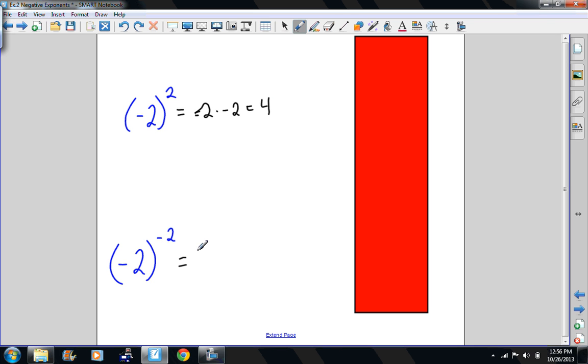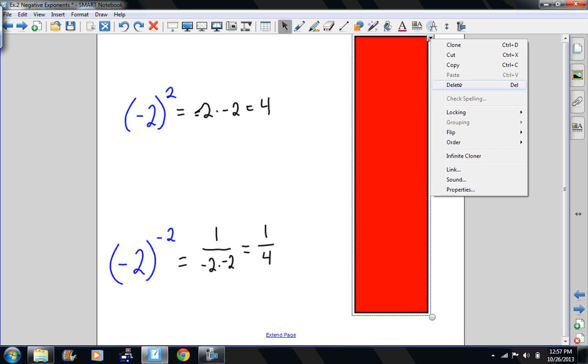Well, what this actually means is that you have to turn this into a fraction, so it goes 1 over negative 2 times negative 2, which would then be 1 over 4. And so the big thing we have to remember is that negative exponents means fractions, and I'll show you why that takes place over here.